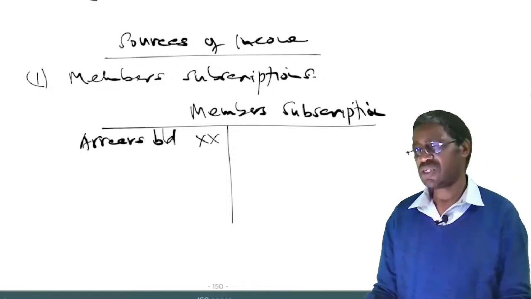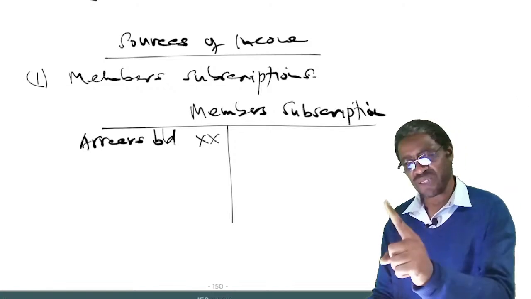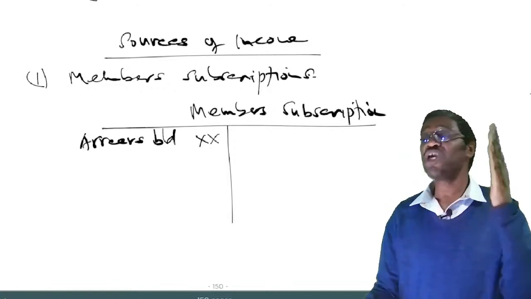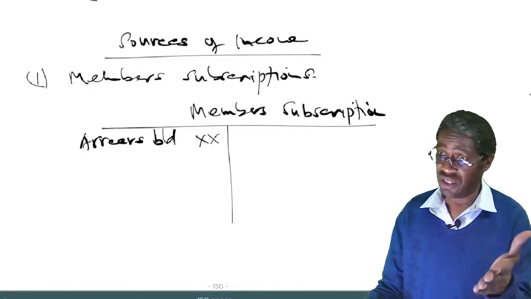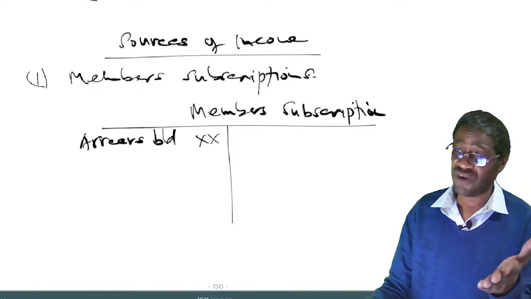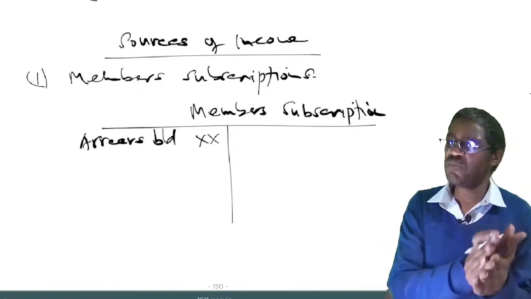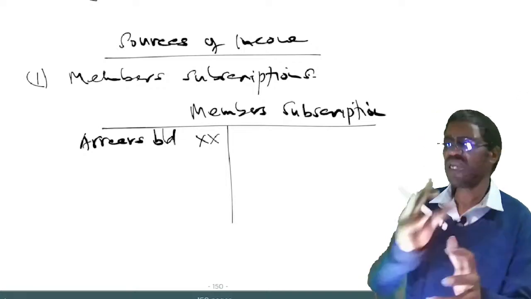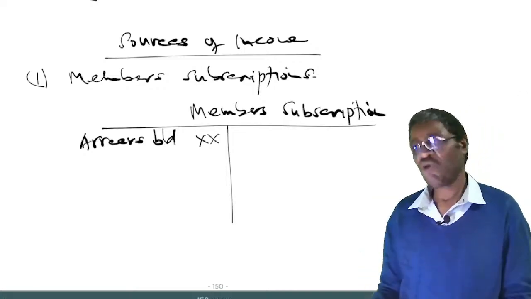What about, listen, some members also were supposed to pay me 5,000 for last year, but last year they paid 10,000, which means some members even paid for this year or for the future.